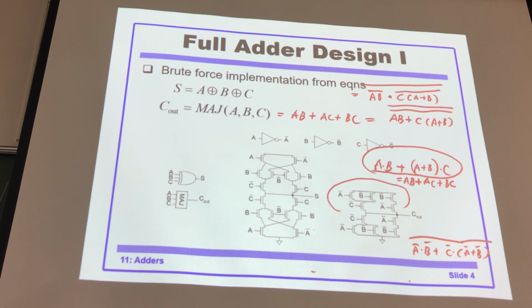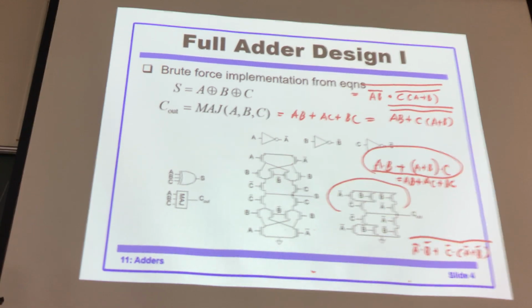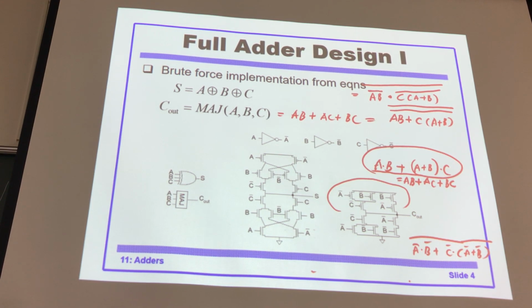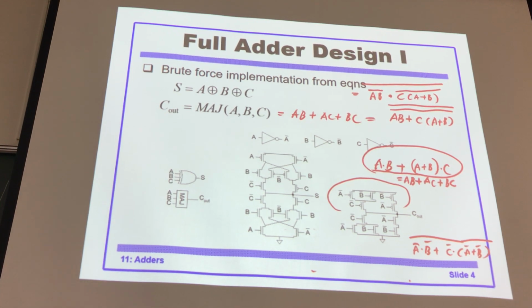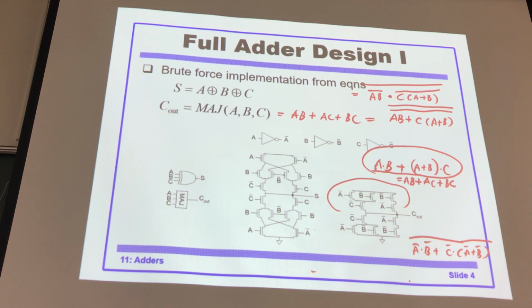Okay, in the other design here, again, this is not a typical static CMOS circuit, but you can try to look at the path. Look at the path for the majority circuit, meaning what? If you have 2 or more 1s, you get carry out 1.